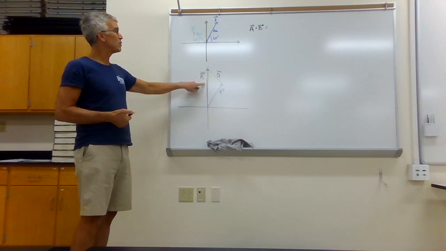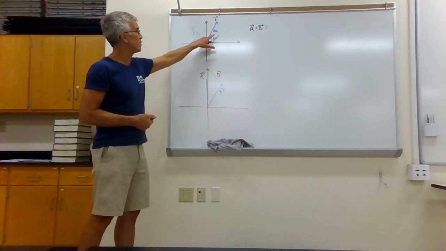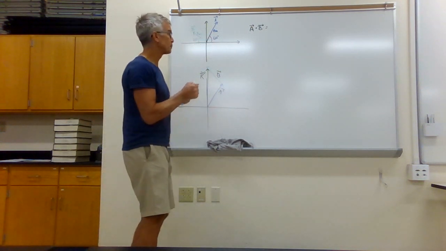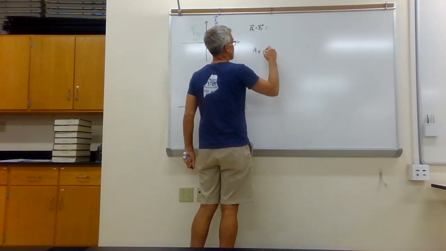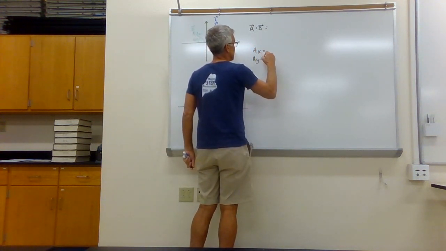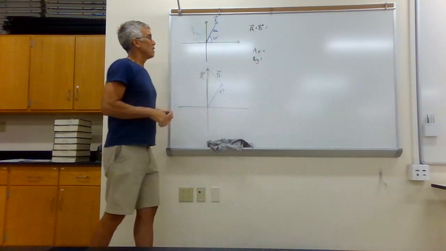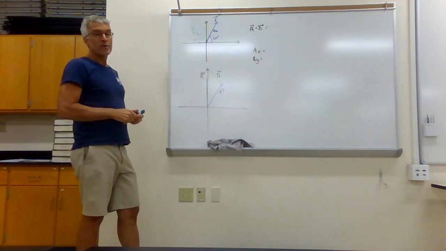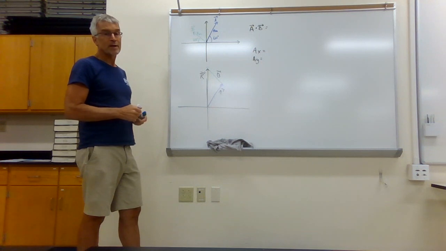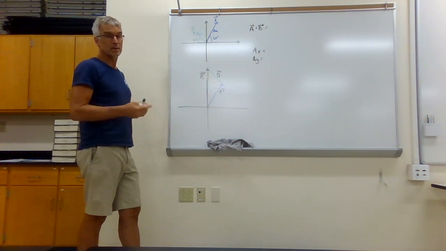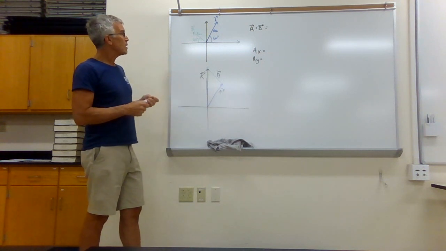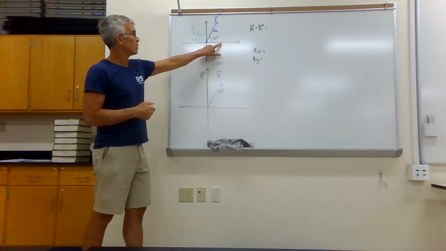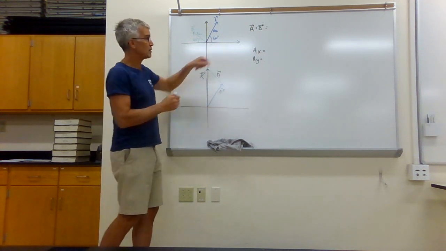The first thing I'm going to do is break these vectors into components. Before I do, I want to write these vectors out using the angles. I'm always going to measure my angle from the positive x-axis.